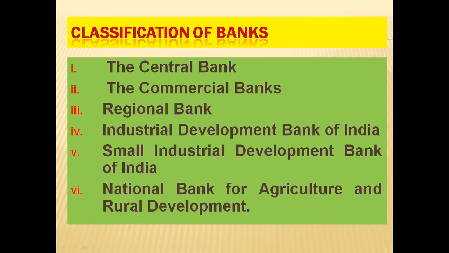Now let us suppose that the individual who has taken the loan of rupees 800 from the bank pays the money to another individual who deposits the money with another bank. The second bank similarly keeps 20% of rupees 800 and offers the rest, that is rupees 640, as loan. For the second bank, rupees 800 will be the primary or passive deposit, and rupees 640 will be the derivative or active deposit.